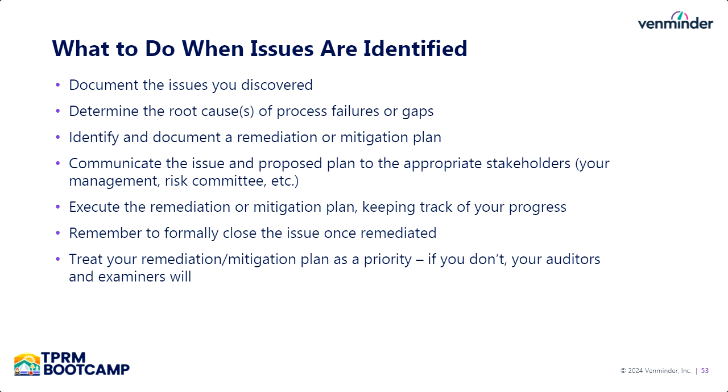First, document the gap, determine the root cause, and then identify a remediation plan so you can then communicate the issue to the appropriate stakeholders. And remember to keep track of your progress and formally close the issue once it's resolved. Always make sure to prioritize your remediation plans because that's something that auditors and examiners are going to focus on.